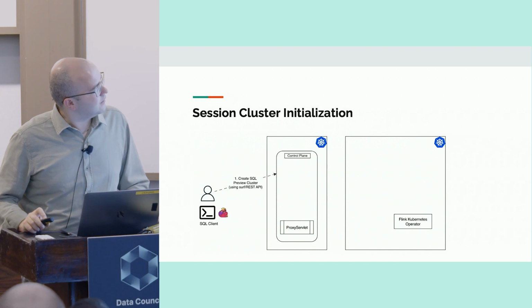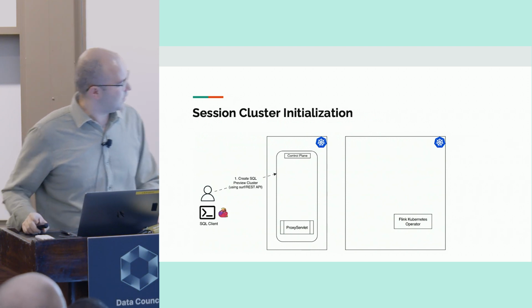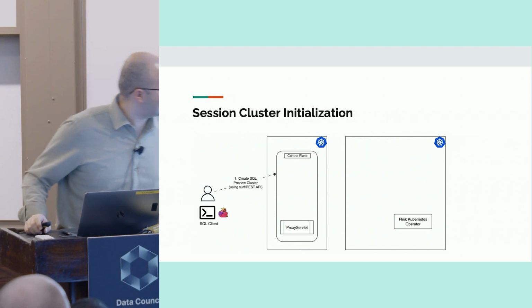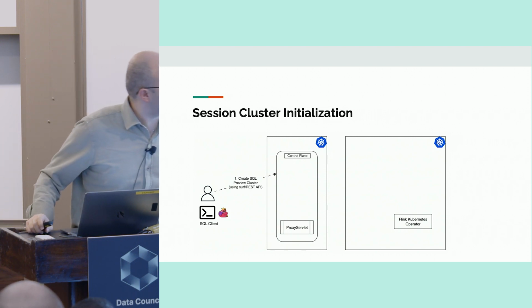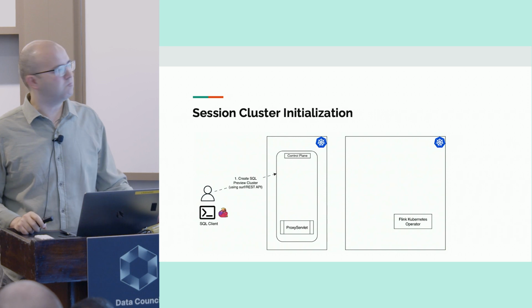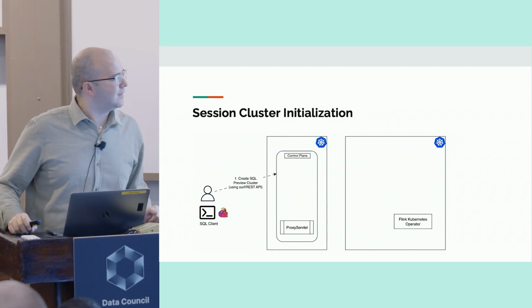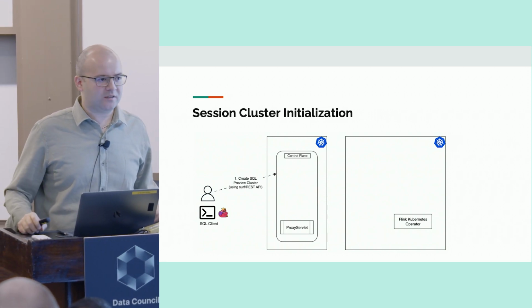And so let's start. What you see here is the user on the left side, let's say they are on JupyterHub, and then we see two Kubernetes clusters. The control plane is nothing more than a web app with a Kubernetes client.